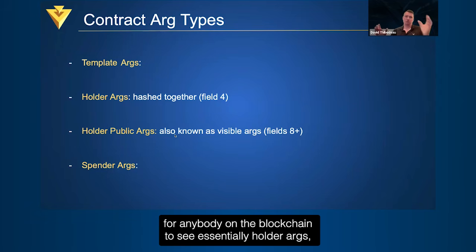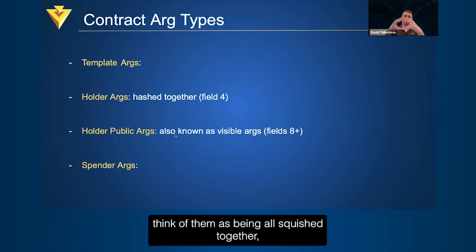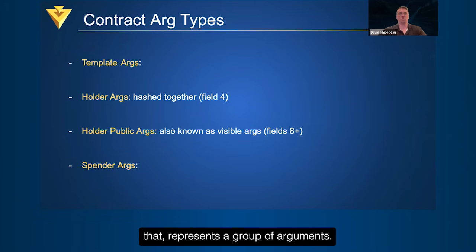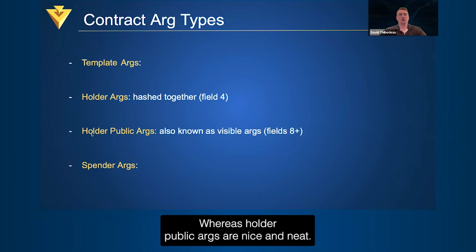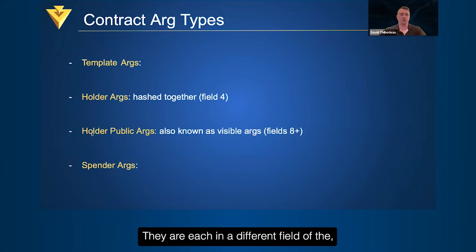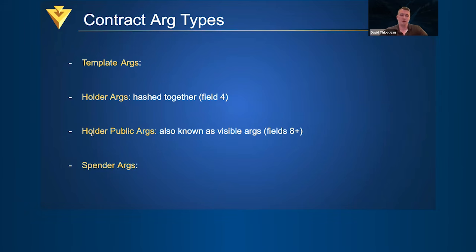Essentially, holder args, think of them as being all squished together. They're hashed. It's like one giant blob of hex that represents a group of arguments, whereas holder public args are nice and neat. They are separated. They are each in a different field of the transaction hex code.